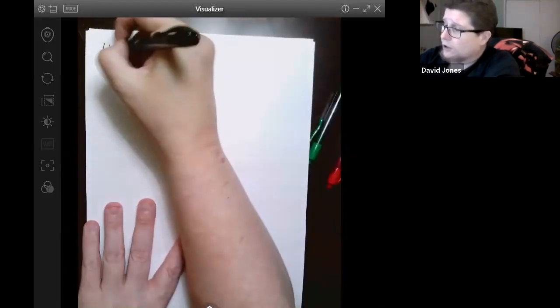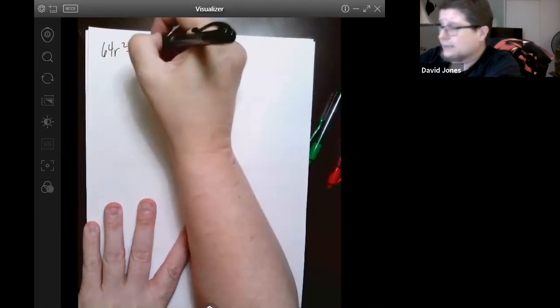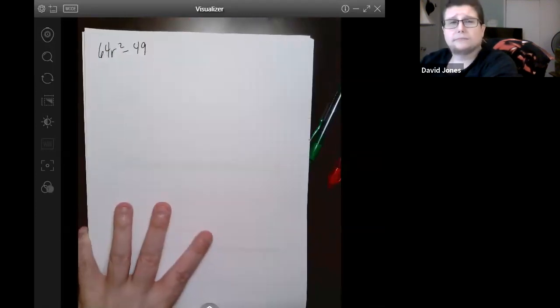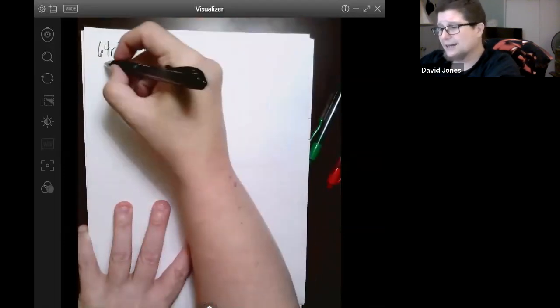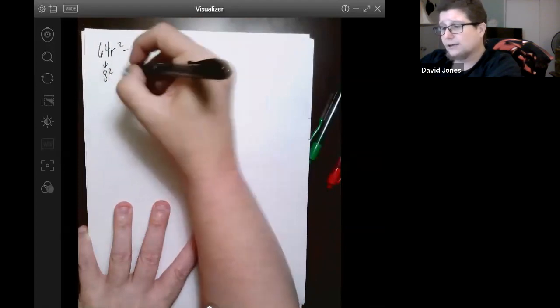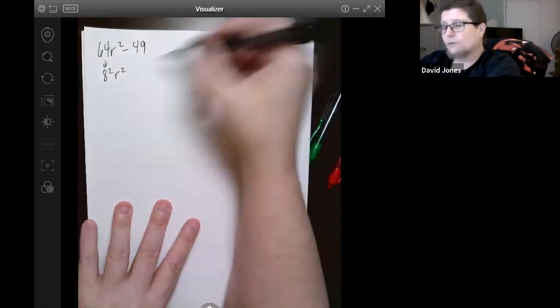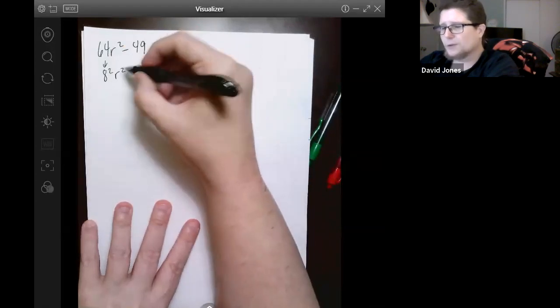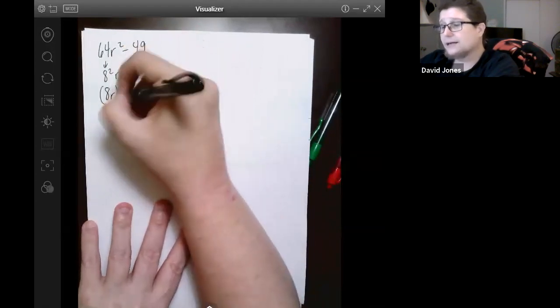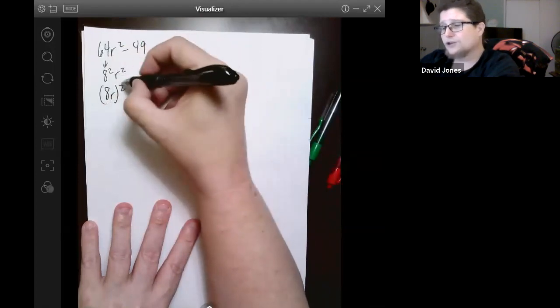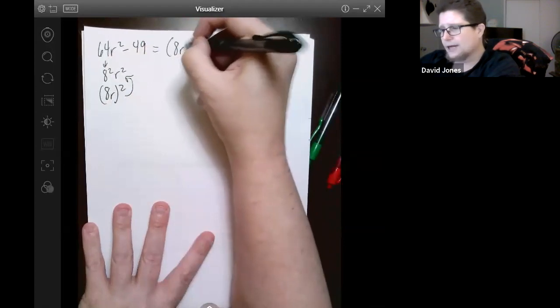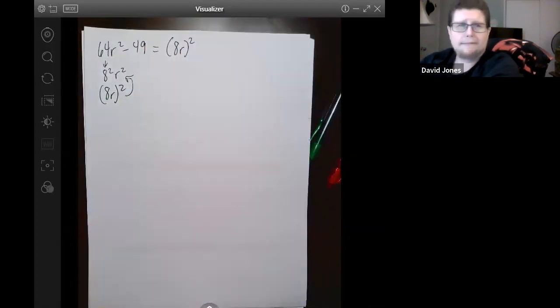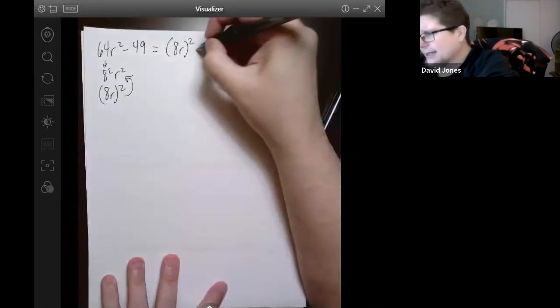Like 64r squared minus 49. 64 is 8 times 8, so that's an 8 squared, r squared. Remember, when we had the rules of exponents, if you put the 2 inside, you distribute the square, it's going to look like that. So I can write that first one as 8r squared like that. And then 49 is 7 squared.